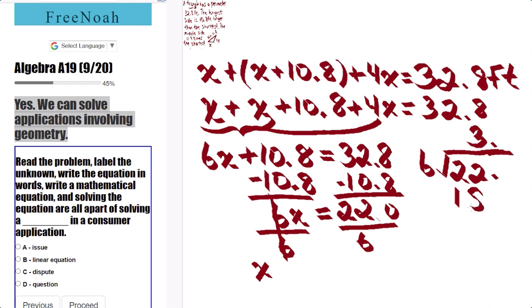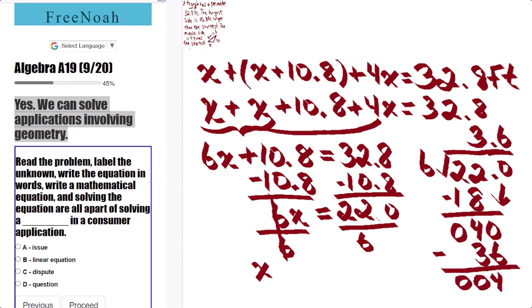Let's copy the decimal point right next to the 3 on our quotient side. 22 minus 18 gives us 4. Now we're going to drop down a 0 here. We're left with 40. 6 goes into 40 6 times. So let's place a 6 on the quotient side right next to our decimal point.